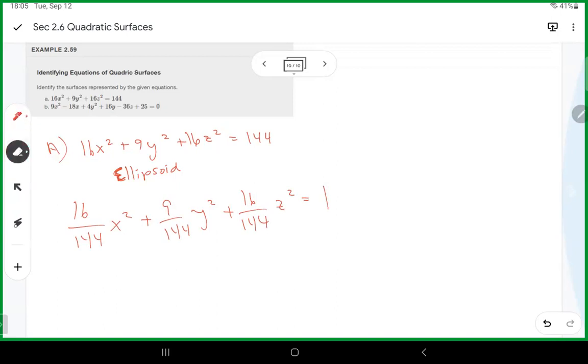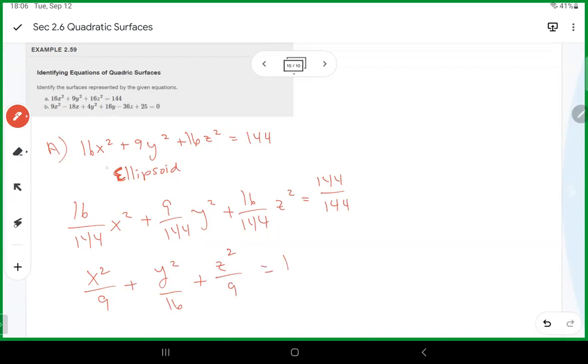Well, I guess if I want to stay consistent, 144 over 144. Then we'll go through and simplify. So we'll have x squared over 9 plus y squared over 16 plus z squared over 9 equal to 1.